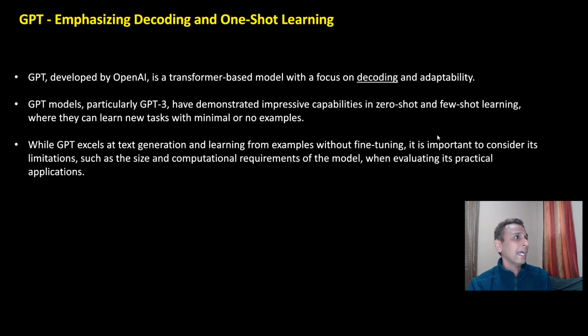Okay, with that, do I have any more? Yes, of course, you will hear the term one-shot learning quite a bit. And GPT is emphasizing this decoder part to achieve the dream of one-shot learning. So what does one-shot learning mean?